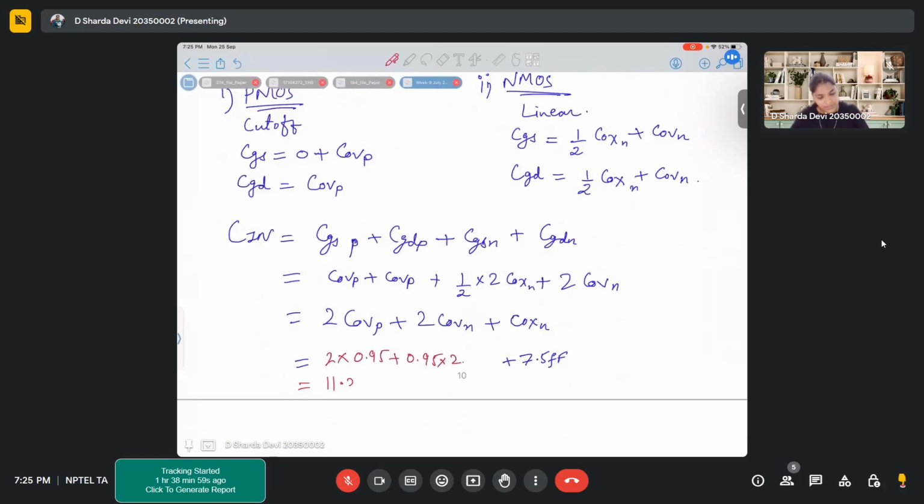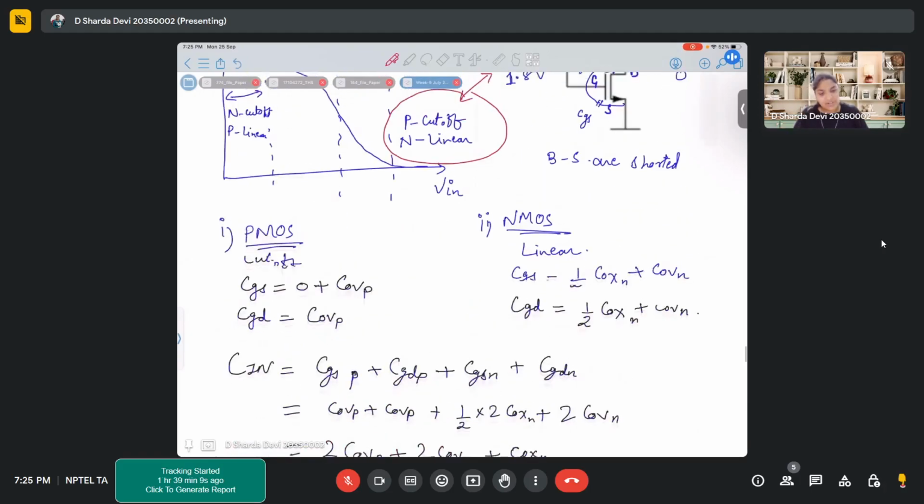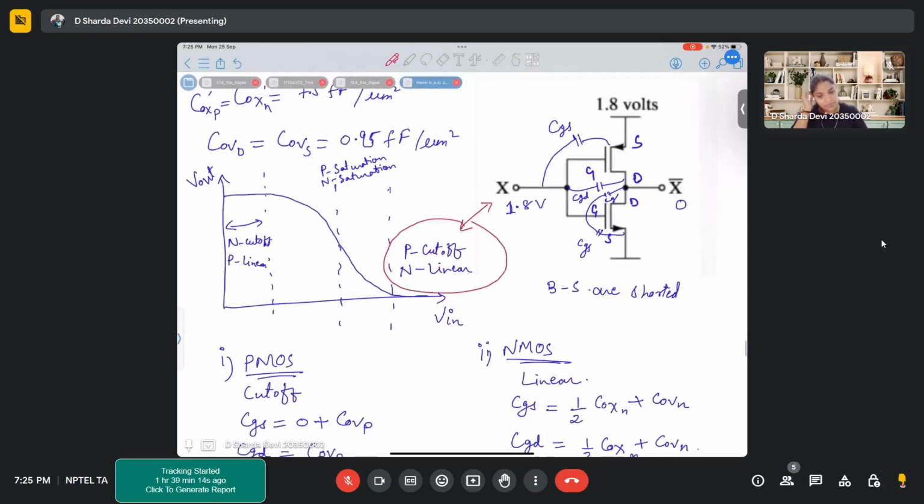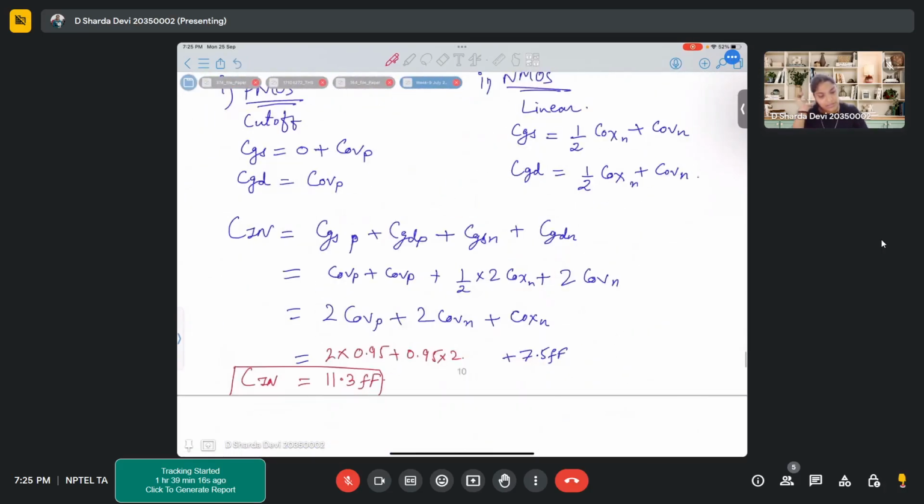It is 11.3 femtofarad, right? So this is the total capacitance that we are getting, corresponding to this per micrometer square, because this is per unit area capacitance.